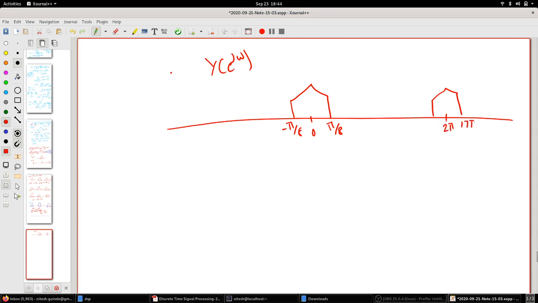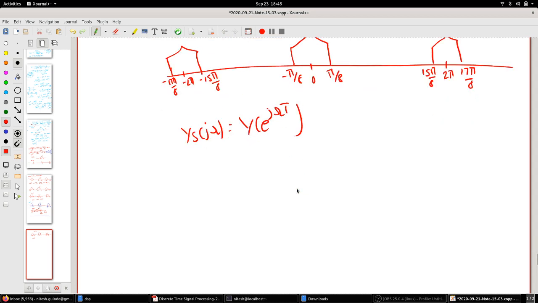this is 17 pi by 8, this is 15 pi by 8, and then you have another one. This is minus 2 pi, this is minus 15 pi by 8, this is minus 17 pi by 8. So now Ys of j omega is the same as Y of e raised to j omega t.